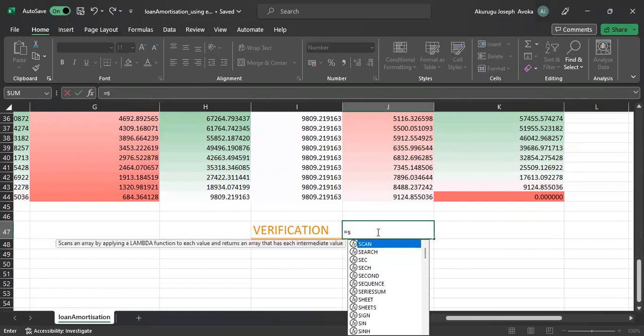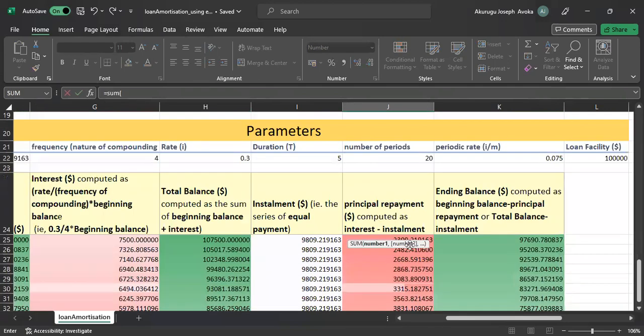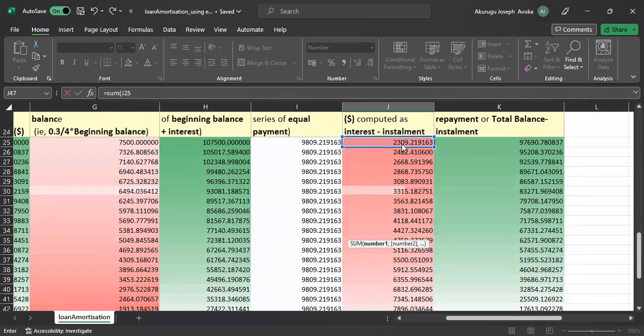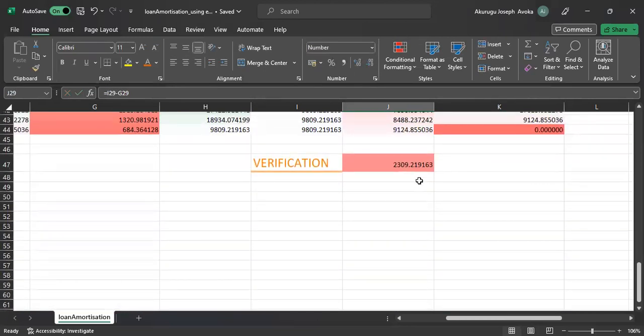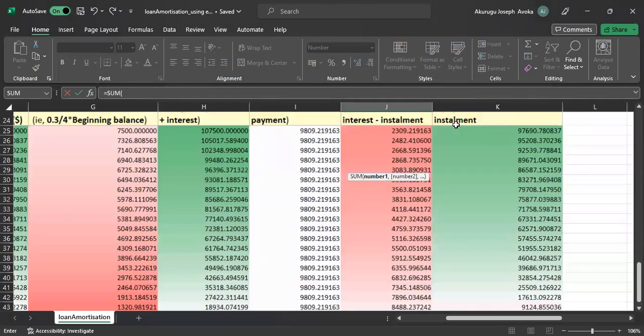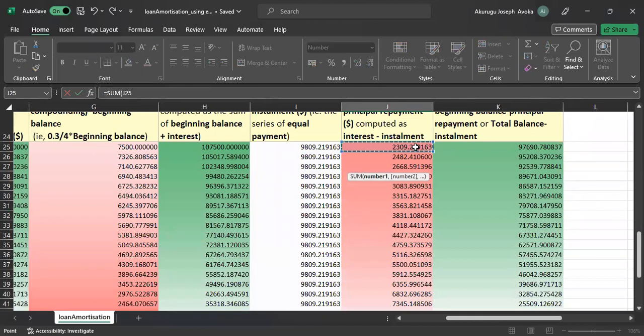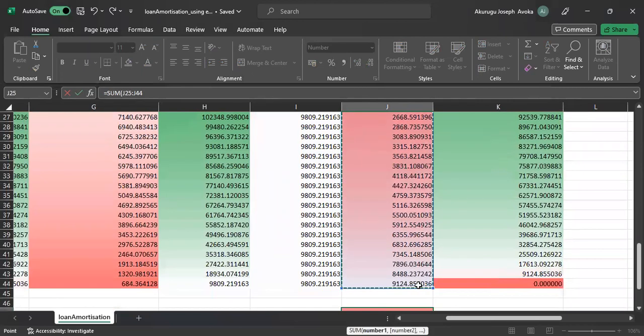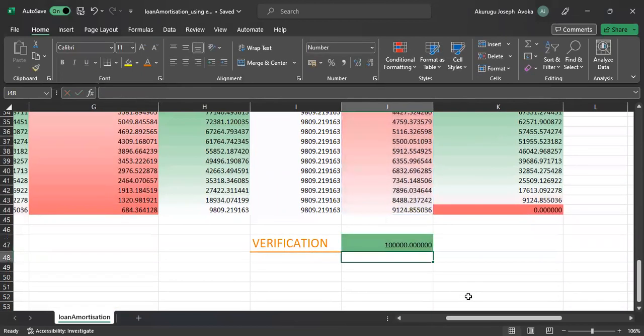Then you use sum, start from here, pick everything, then hit enter. Oh, 100,000. Voila, I've gotten it.